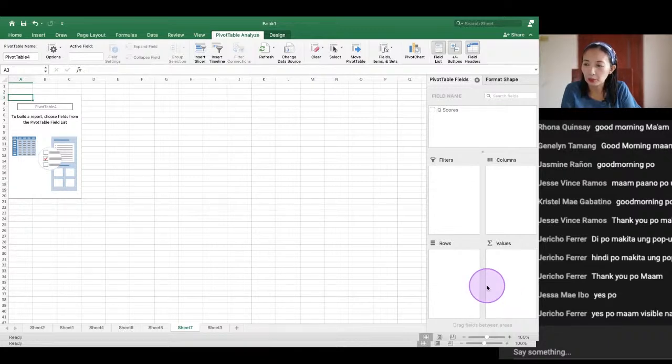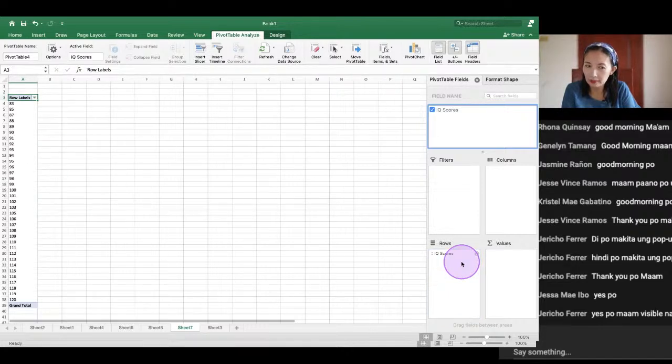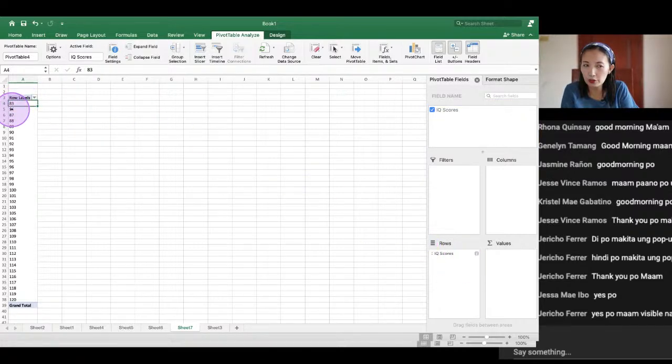Now, drag the IQ scores, because you only have one variable anyway, to the rows box. After dragging, you will see a listing of the unique values of IQ scores, labeled as row labels.